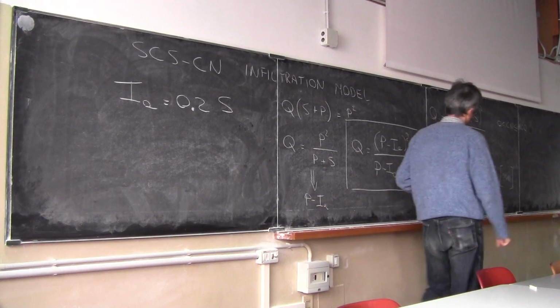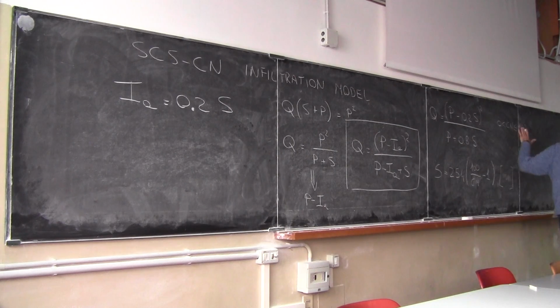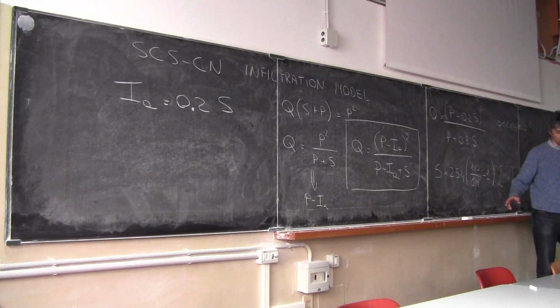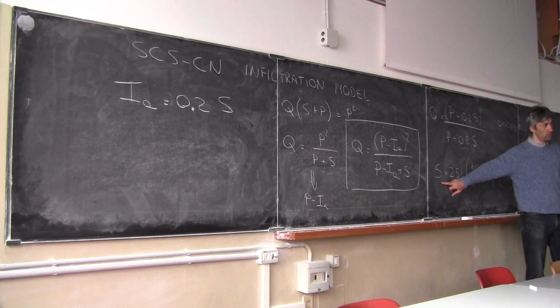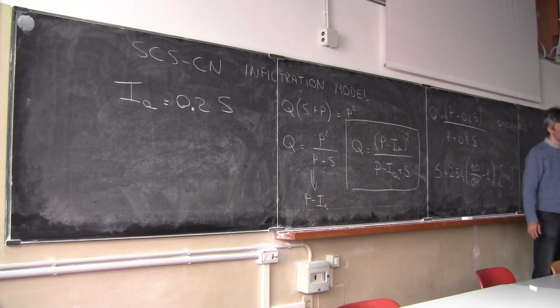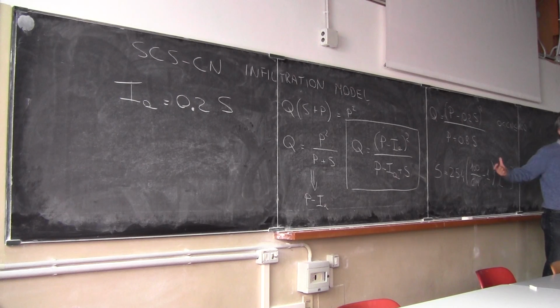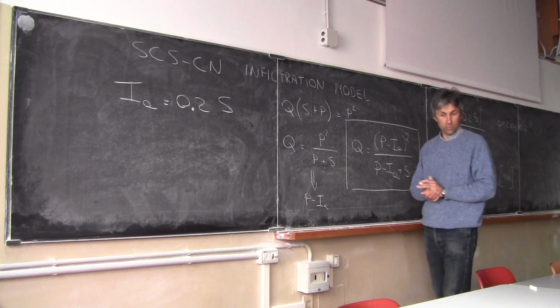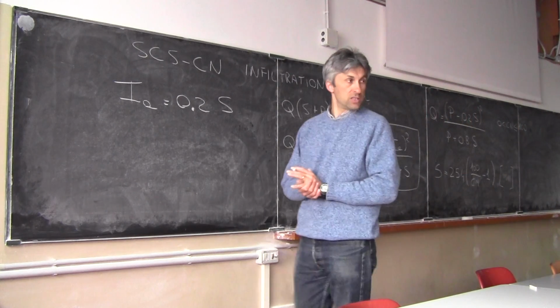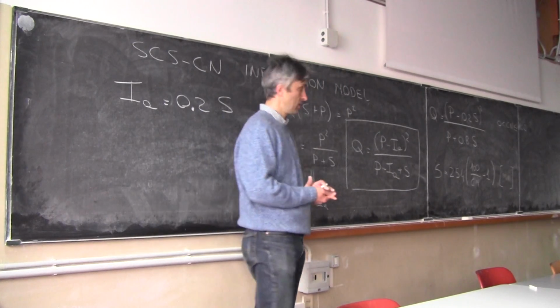And the lower limit for Cn is 0, and you see what happens for Cn tending to 0. The quantity between parentheses tends to infinity, and therefore you get an infinite value for S. So you don't reach 0 because it's not possible, otherwise this relationship is not defined. But as you approach 0, you get increasing values for S, which tends to infinity.